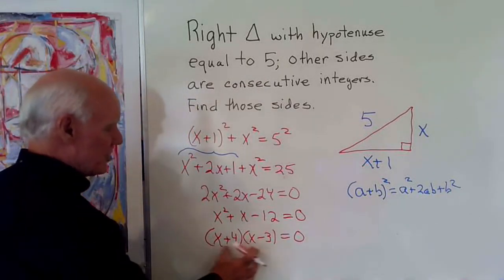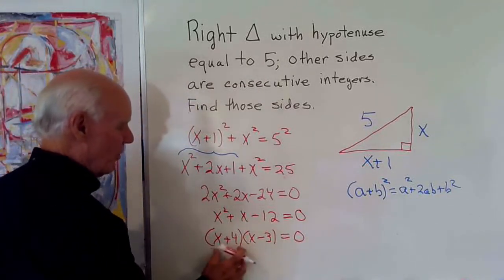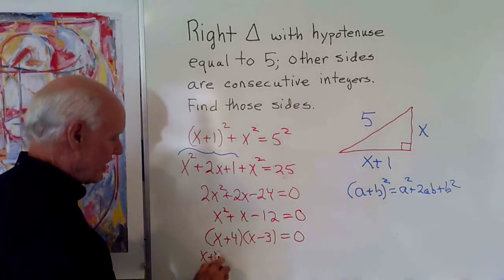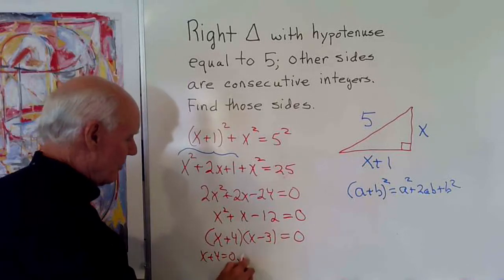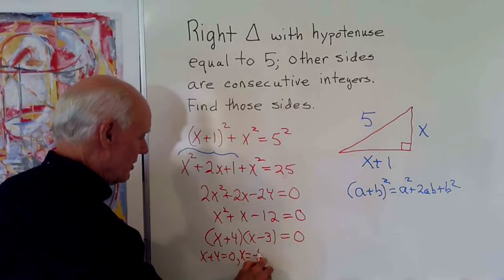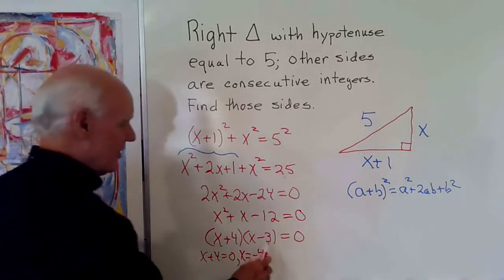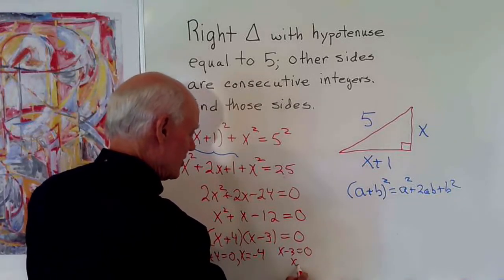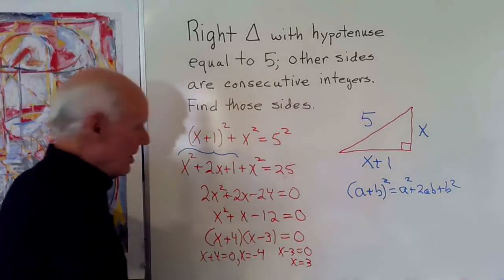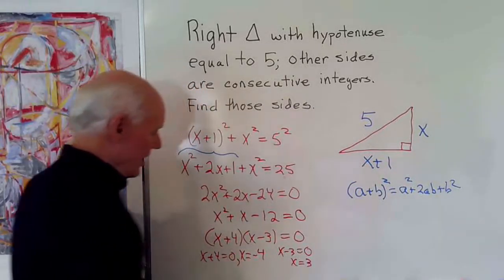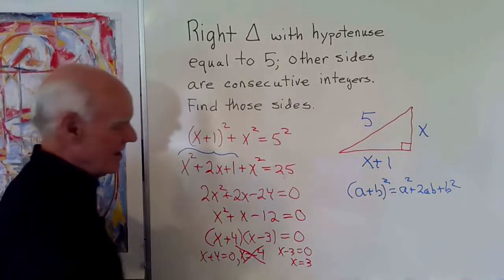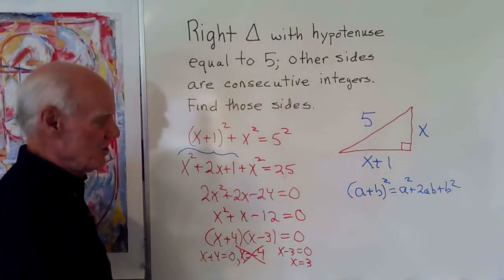Now the only way this product can be 0 is if one or both of these is 0. If the first one is 0, I get x plus 4 equals 0, which means that x is equal to negative 4. If this one is 0, x minus 3 is equal to 0, then x is equal to 3. Well, x is a side in this triangle, so it cannot be a negative number, so I'm not going to allow that solution. That means that my solution for x is 3.